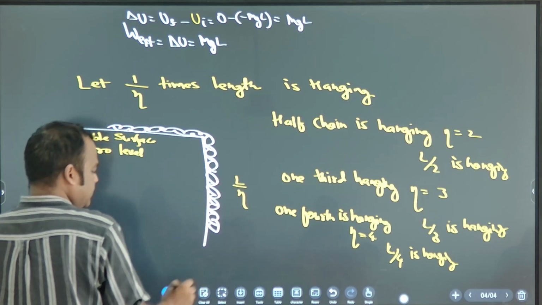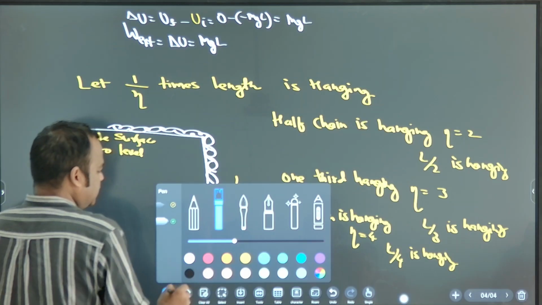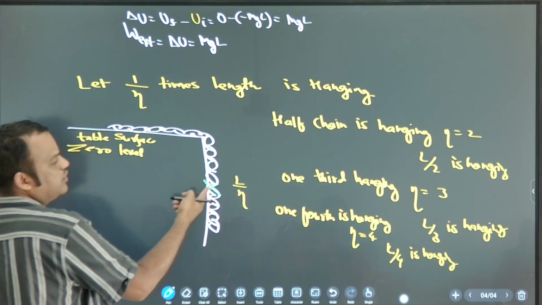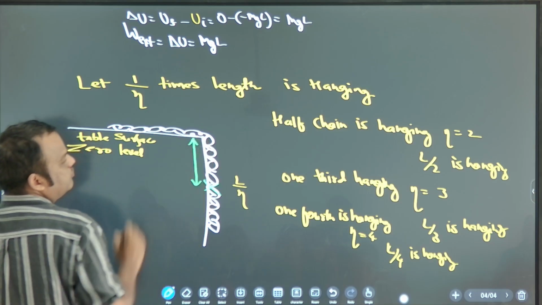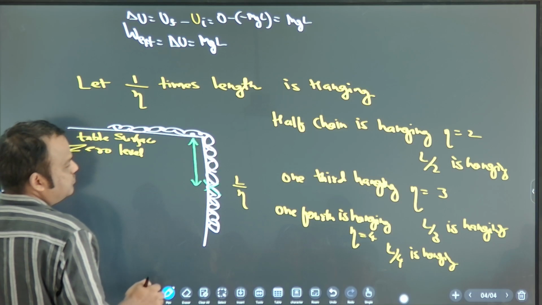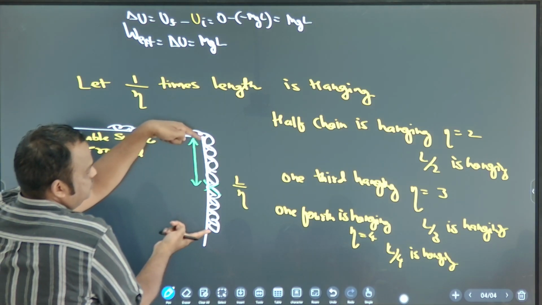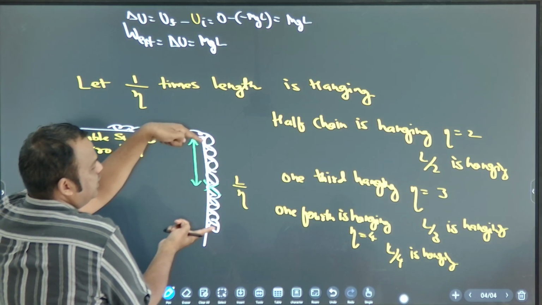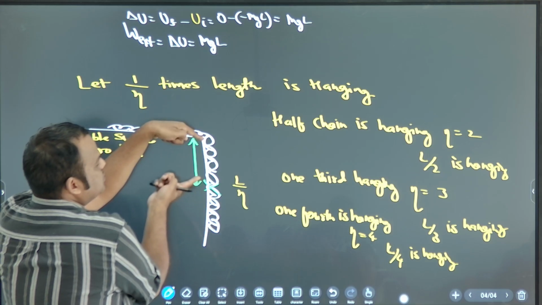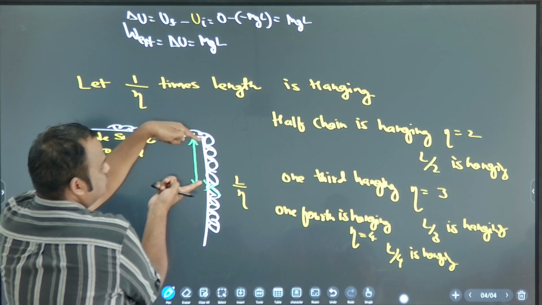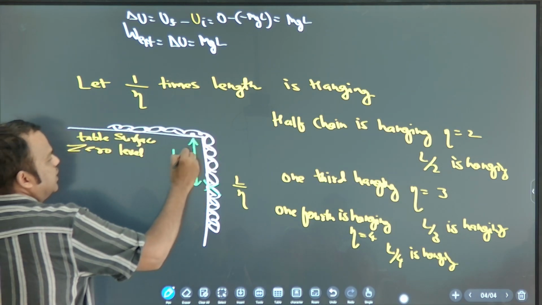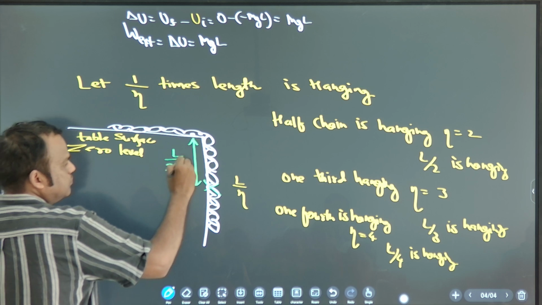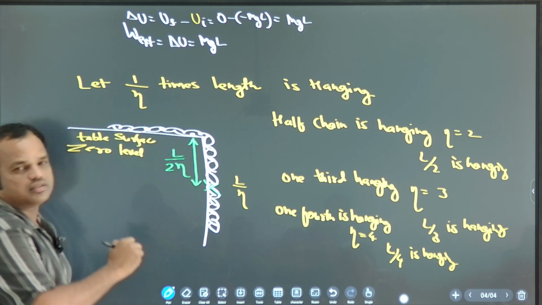So where is the center of mass? Center of mass is here. What is the distance of the center of mass? Half of L by eta, so L by 2 eta.